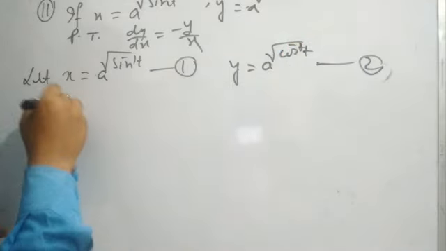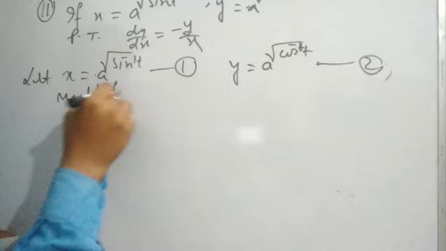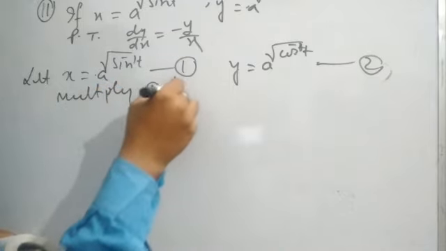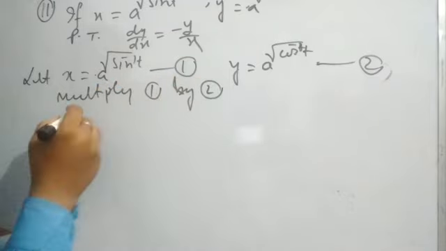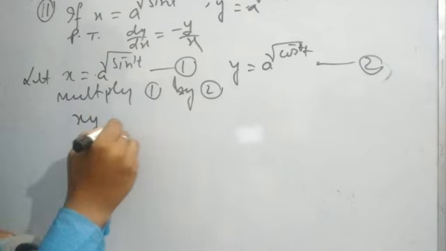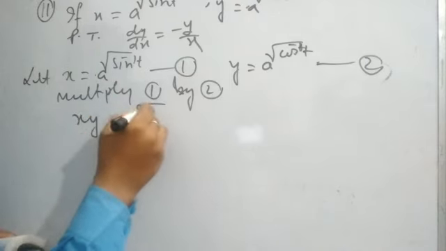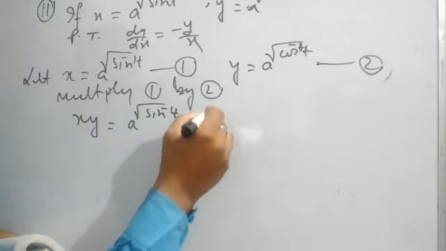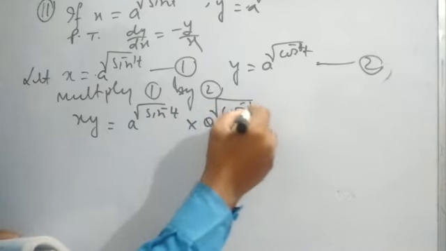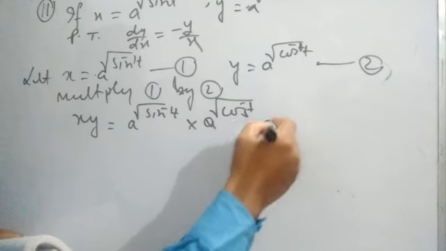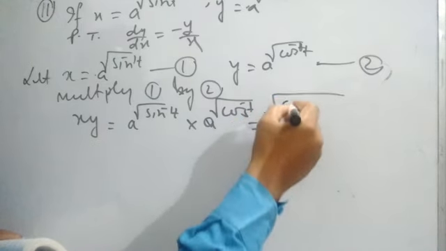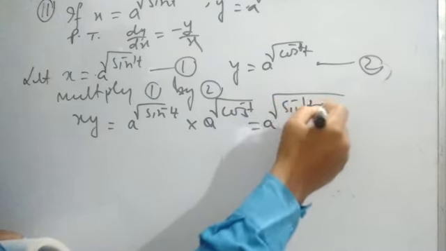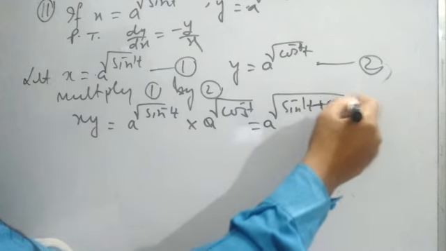Now multiply 1 by 2, you will get xy is equal to a to the power root sin inverse t into a to the power root cos inverse t, that is equal to a to the power root sin inverse t plus cos inverse t.